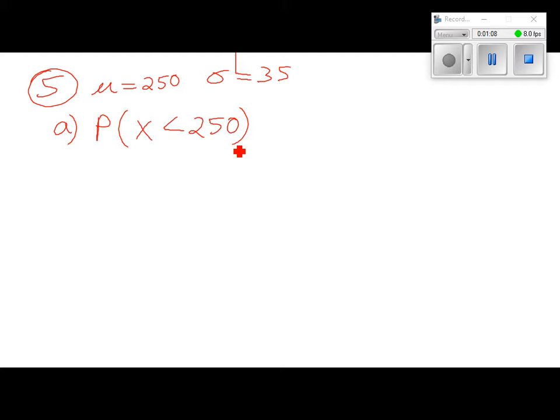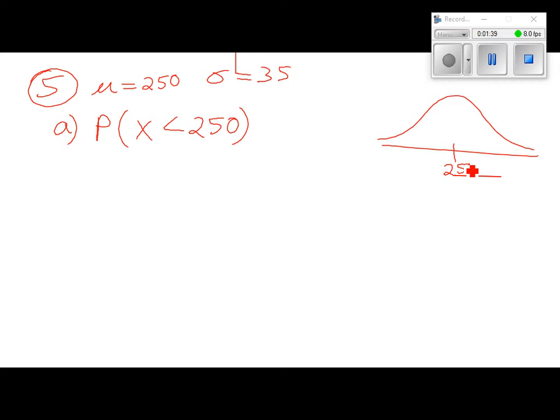You only do that when you're changing a binomial into a normal setup. This problem, we don't have to use that continuity correction where we change it to like 249.5. We'll get to a couple of problems like that down the road. These are the ones that we did early in the chapter, and this is normally distributed.